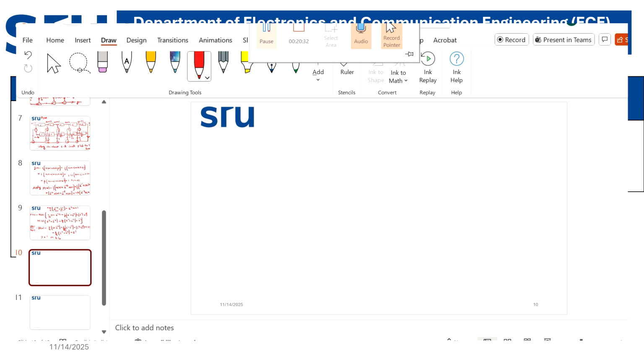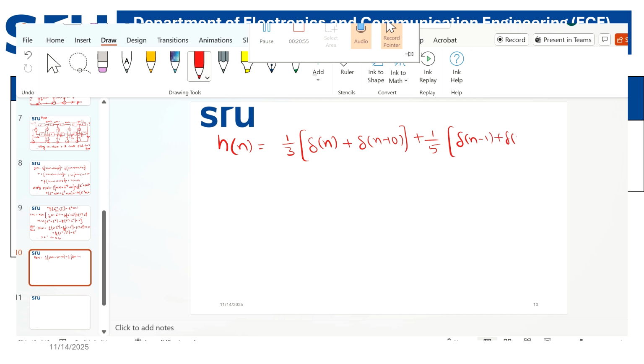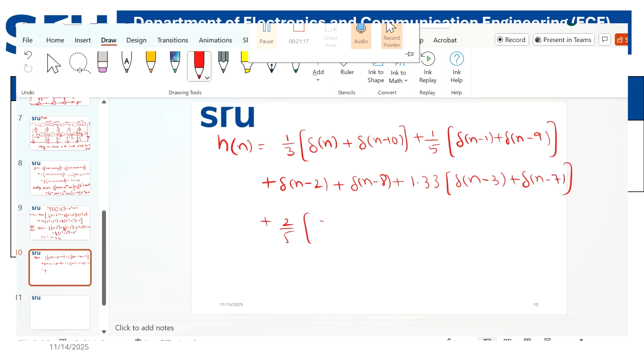If I apply the inverse Z transformation, h of z becomes h of n equal to 1 by 3 into del of n plus del of n minus 10, plus 1 by 5 del of n minus 1 plus del of n minus 9, plus del of n minus 2 plus del of n minus 8, plus 1.33 del of n minus 3 plus del of n minus 7, plus 2 by 5 del of n minus 4 plus the shifted impulse del of n minus 6, plus del of n minus 5.